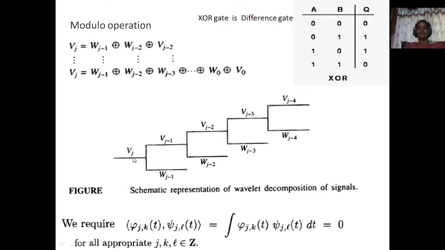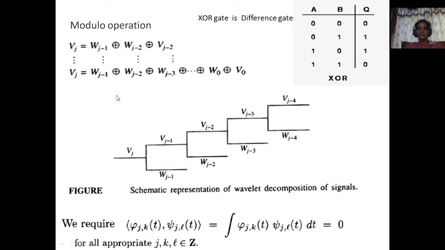Like that, the orthogonal difference, or orthogonal complement, between Vj and Vj-1 will be noted as Wj-1. This is going to be notated by Vj equal to Wj-1 modulo 2 operation Vj-1, Wj-2 modulo 2 operation Vj-2.